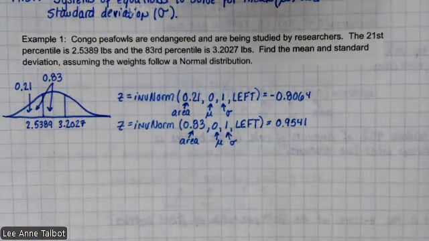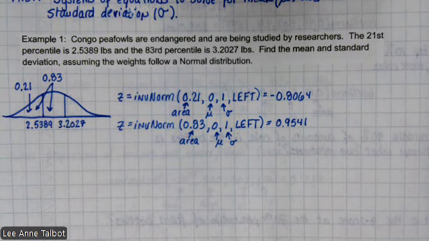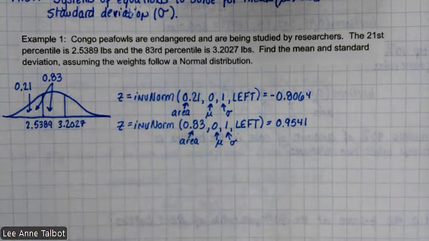Hey, I gotta say, my estimated lines in my little normal curve sketch aren't too bad. Nice, Mrs. Talbot, nice. Did you guys get positive 0.9?